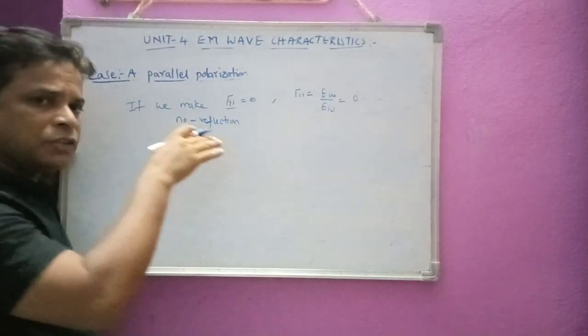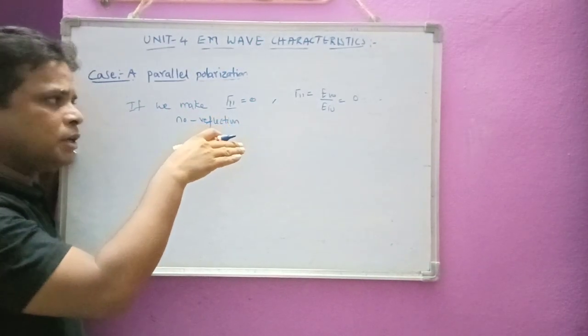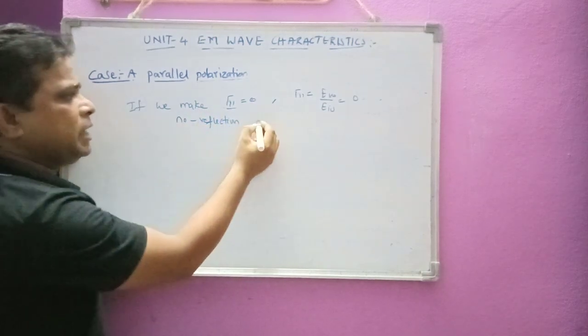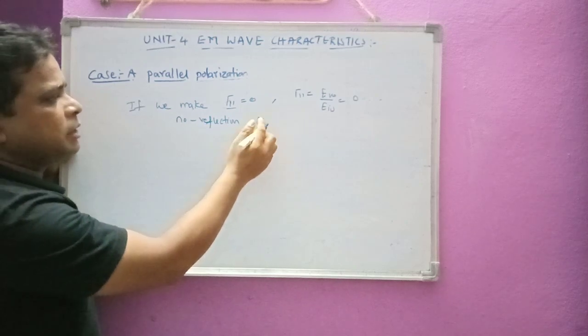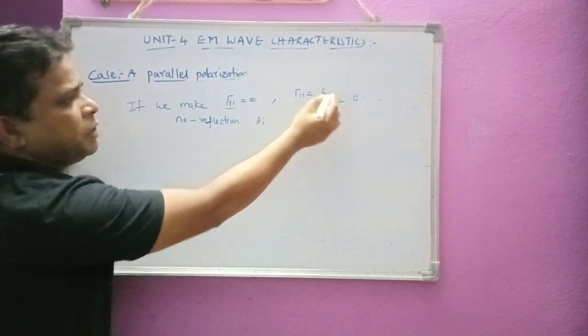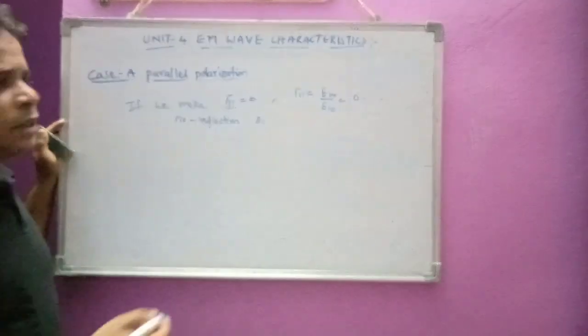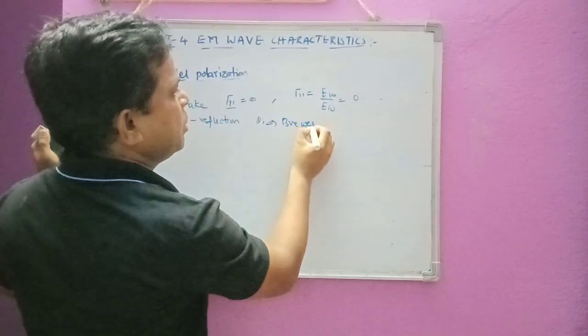Okay, so as we incident a wave on the surface, at the boundary interface, the angle theta i should be such that there will be no reflection, that is gamma parallel is equal to 0. That angle is known as the Brewster angle.